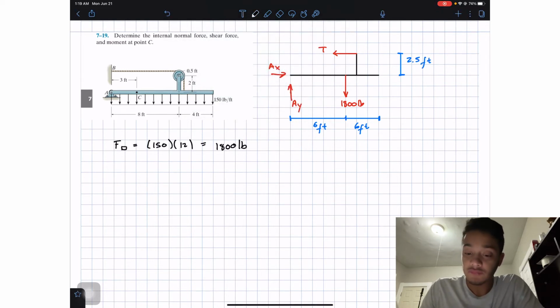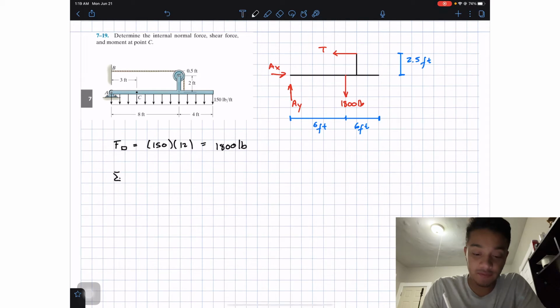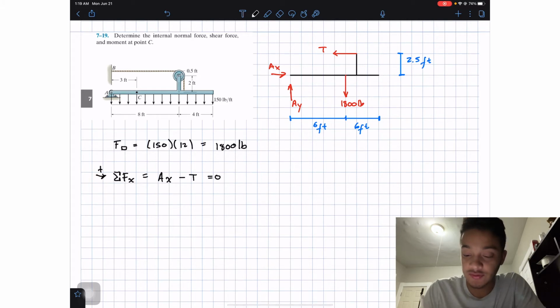Now we can apply the summation of forces in the x direction, assuming that going to the right is positive. We have Ax minus T equal to 0.